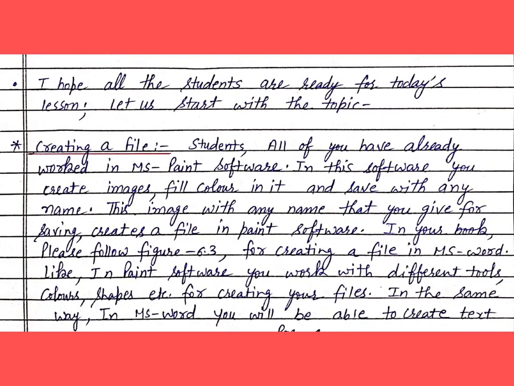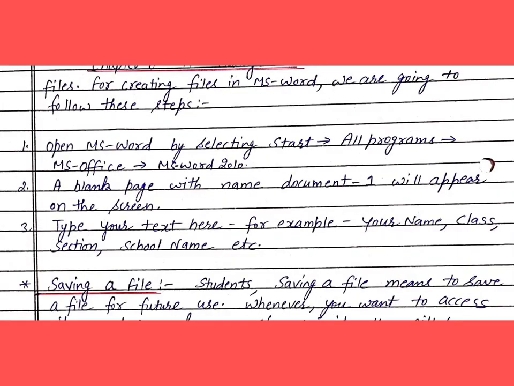In your book, please follow figure 6.3 for creating a file in MS Word. Like in Paint software, you work with different tools, colors, shapes, etc. for creating your files. In the same way, in MS Word, you will be able to create text files.